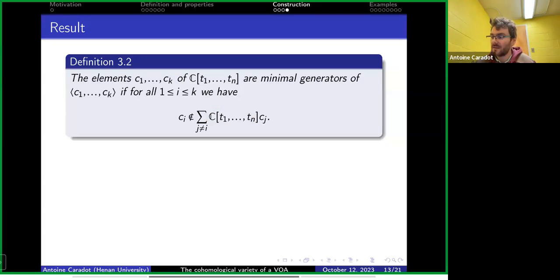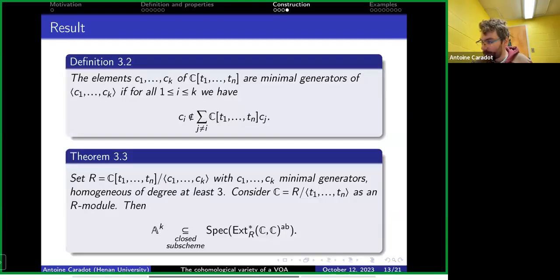So it basically means that in your generators of your ideal, you have no redundancy. If you remove one of the Ci's, then you will get a different ideal.